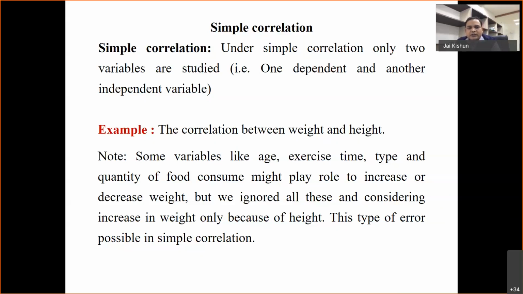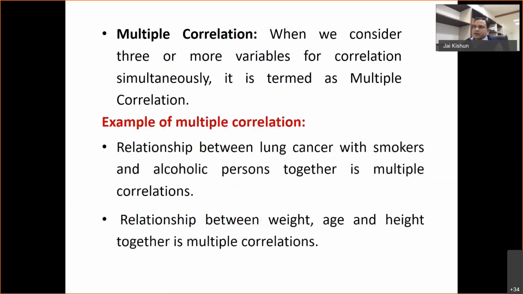These variables may also play an important role, but we are not considering them. We are studying only the two variables, weight and height. This type of relation is called simple correlation.